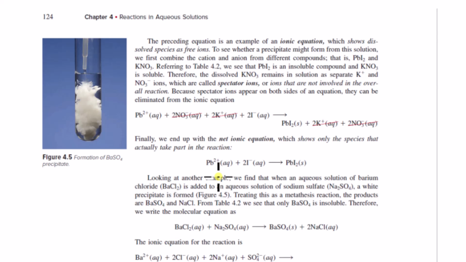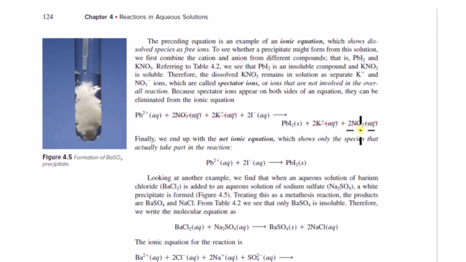Really, all that happened from a chemical reaction standpoint was that you started off with these lead 2+ ions floating around the solution and these I- anions floating around the solution. These ions interacted and formed a precipitate. That is precisely what happened.